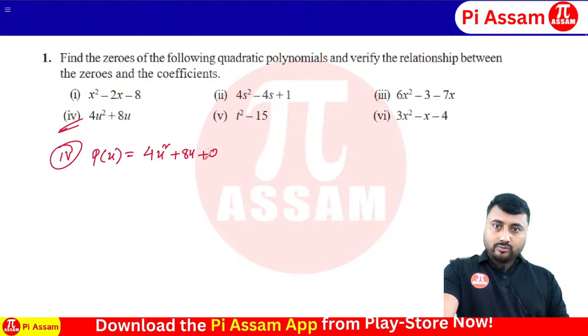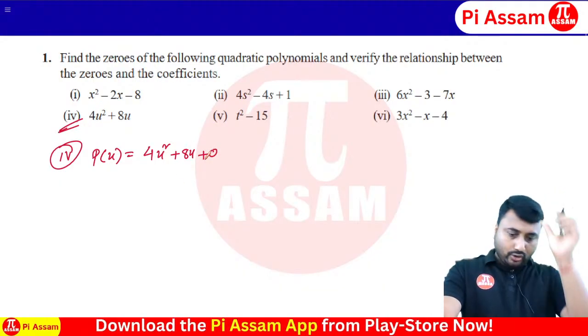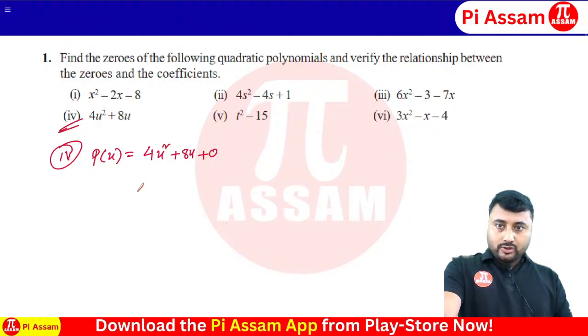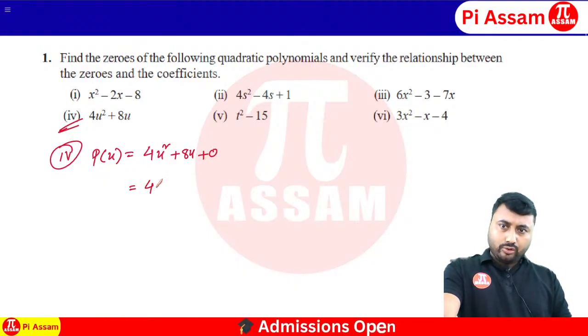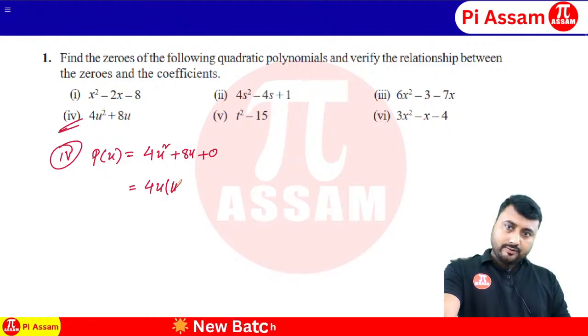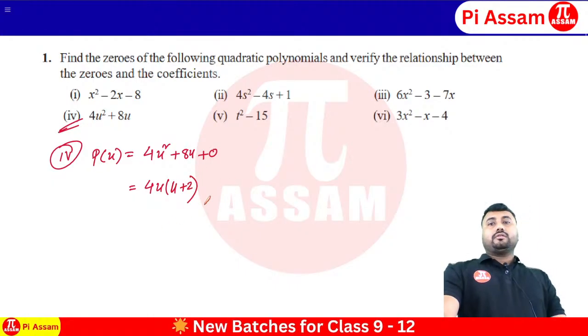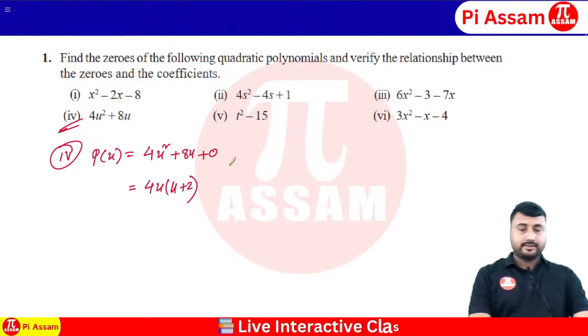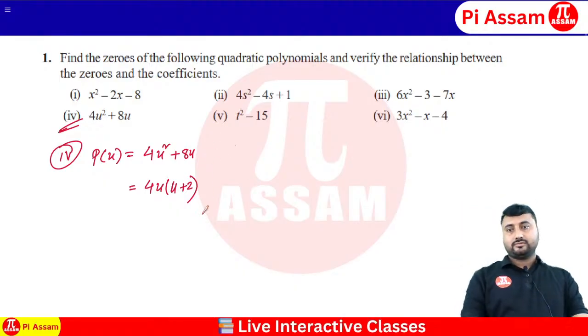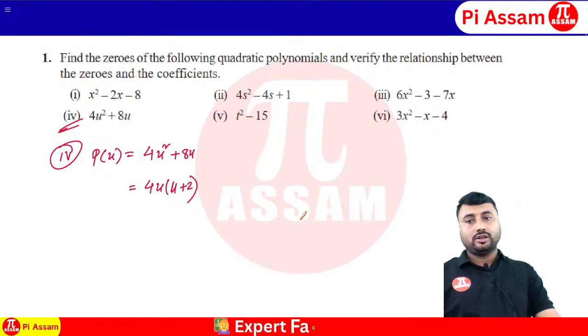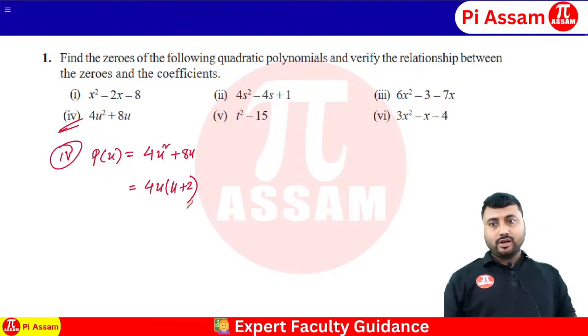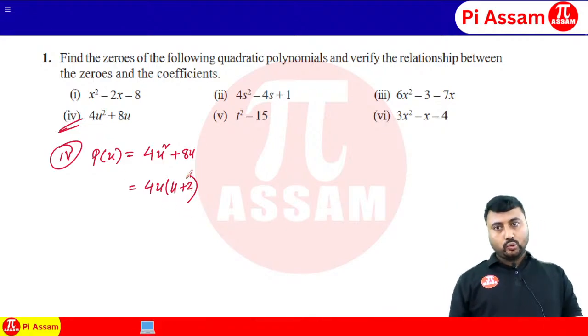Plus 0. You can write 0 in terms of constant term. Okay. So here we take common 4u as a common, so u plus 2. You can write like that. 4u into u is 4u square plus 4u into 2 is 8u.